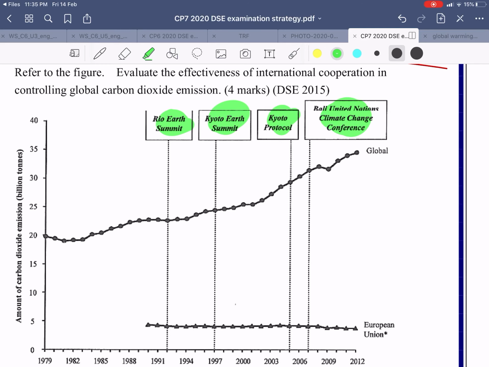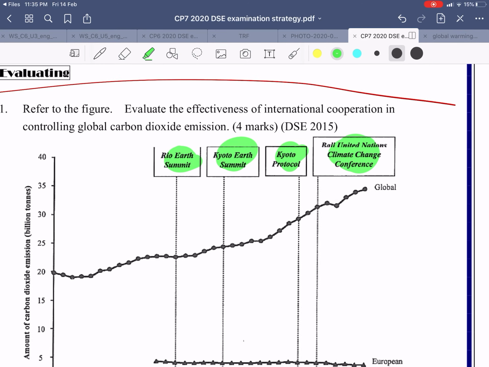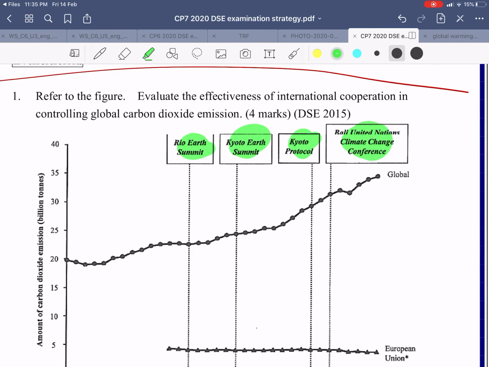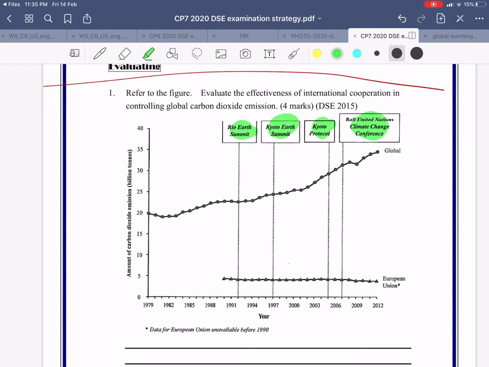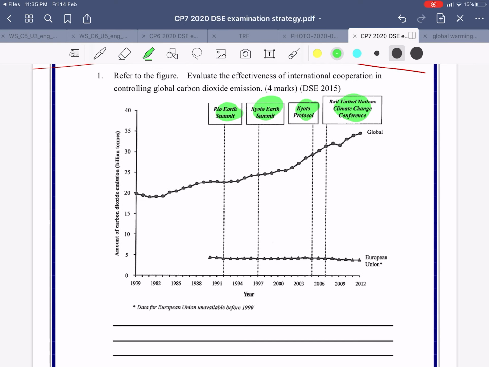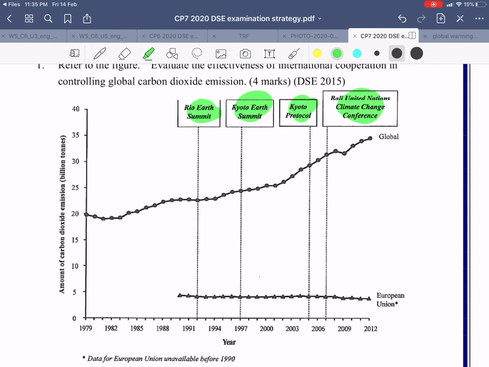Accordingly, evaluate the effectiveness of the international cooperation in controlling global carbon dioxide emissions. Actually, from this graph, you have nothing to tell.